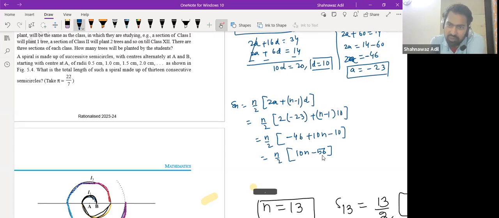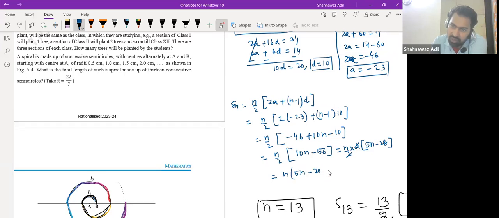We can take 2 common, the 2 cancels, and you get the expression for n. So this is your Sn.